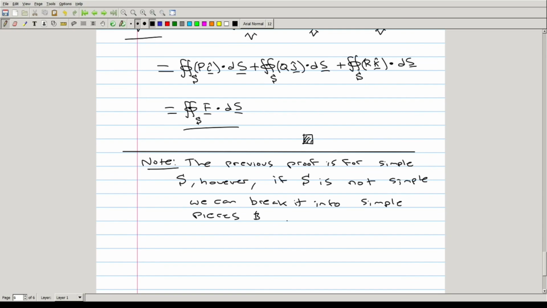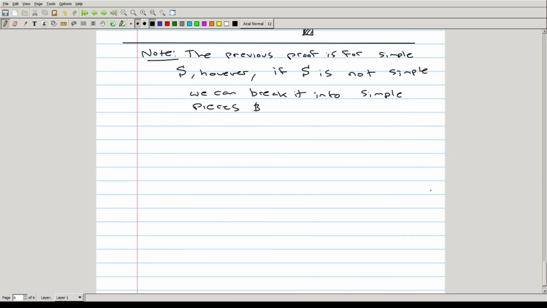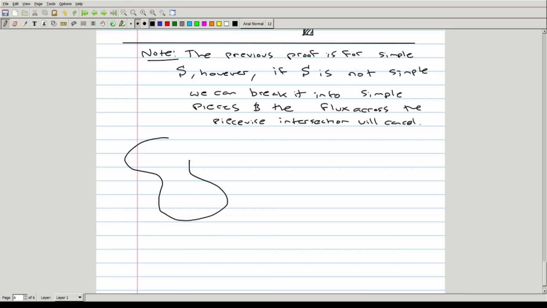And the flux across each, the intersection will cancel. So for instance, let's say S looks like this.